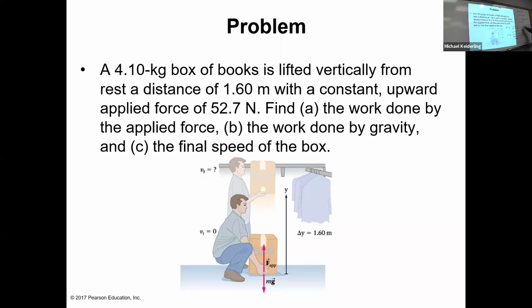Oh, yes, this is part C. So the total work is going to equal the final kinetic energy of the box, because it starts with 0 kinetic energy. And so that'll let us find the final speed of the box.